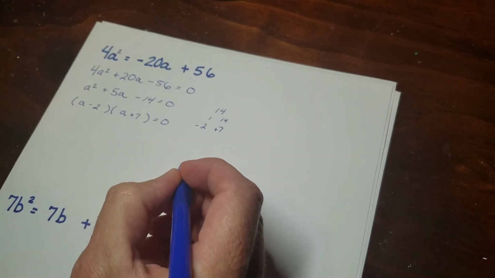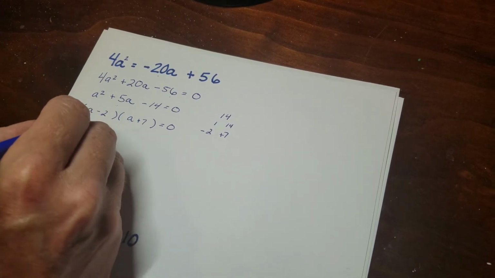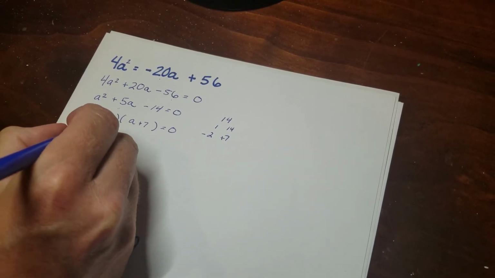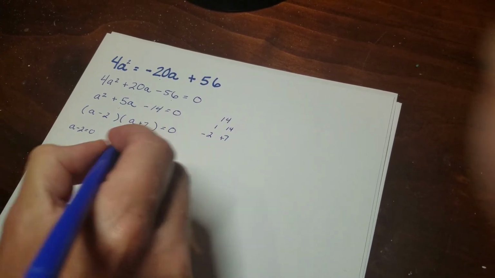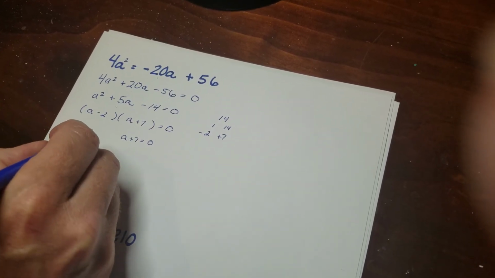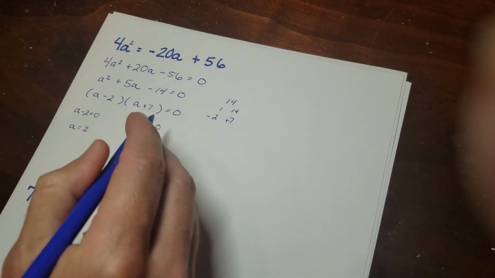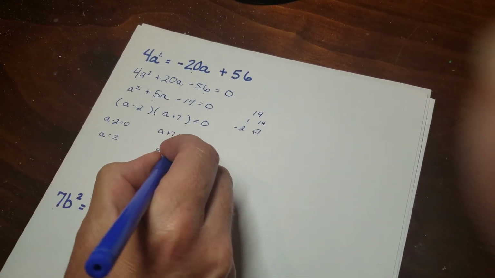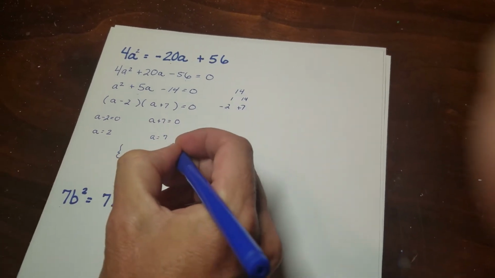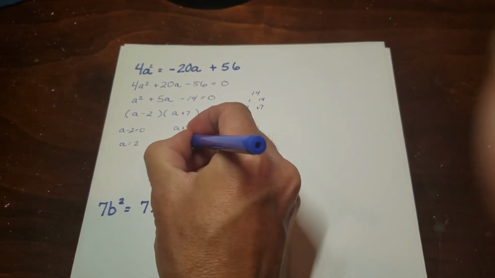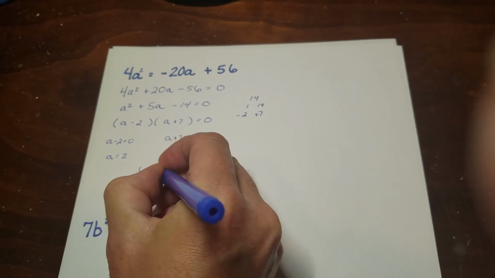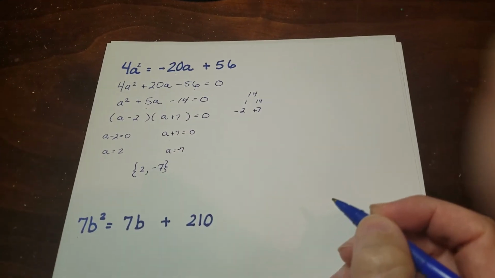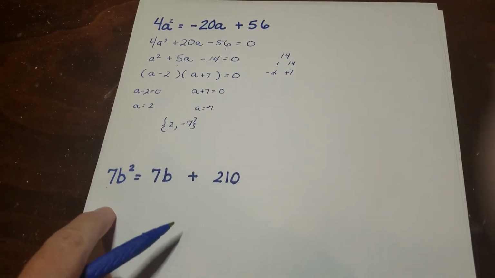And using the zero product property, I'm going to make 2 little equations. So I have a minus 2 is equal to 0, and I have a plus 7 is equal to 0. So on this one, a would be equal to 2, and on this one, a would be equal to negative 7. So that would mean my solution set would be 2 and negative 7.